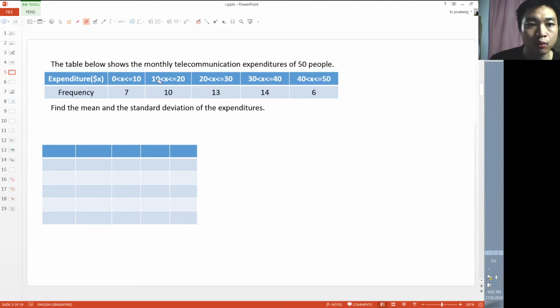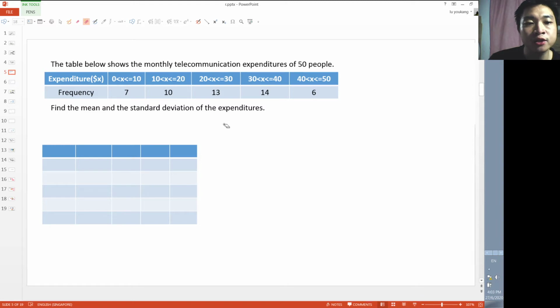So you have five ranges, and for each range you have the frequency. You are asked to find the mean and the standard deviation of the expenditures, and you are given the information in this table.